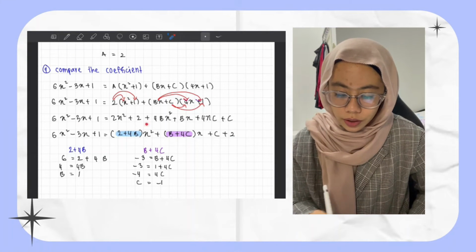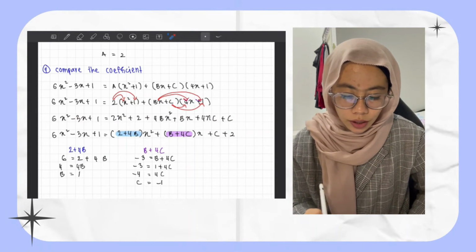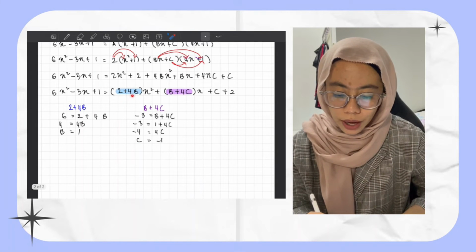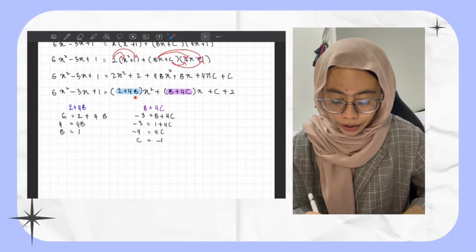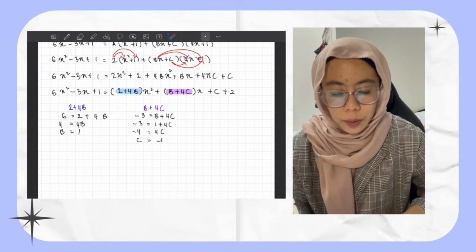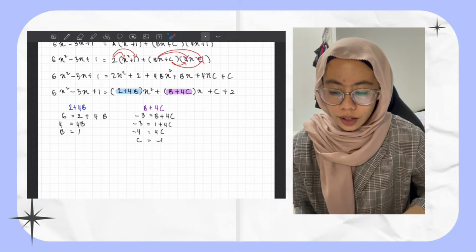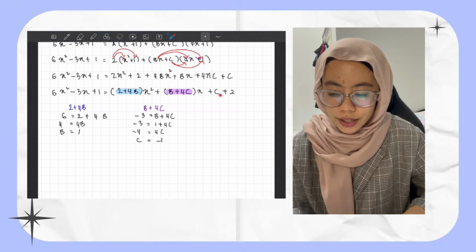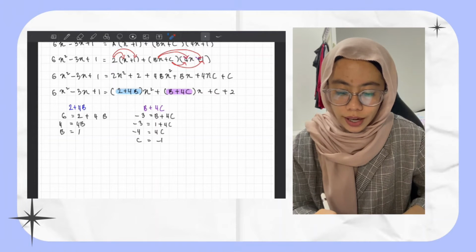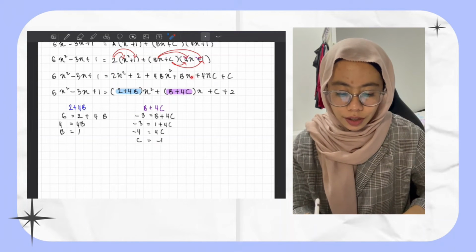So this is our new equation here. Let's factorize it. We get 2 plus 4b in bracket x power of 2, plus in bracket b plus 4c x, plus c plus 2. We need to factorize this equation here.